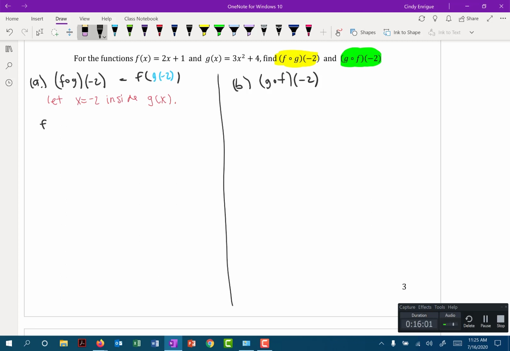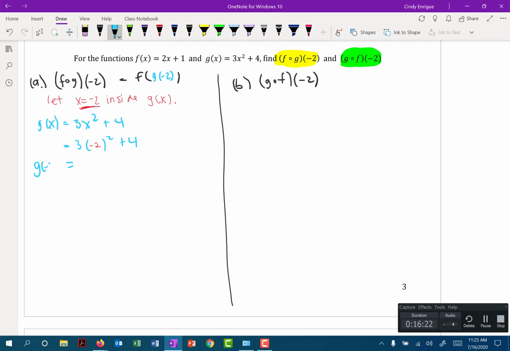So your g of x is equal to your 3x squared plus 4. And that value that you're plugging in is a -2.